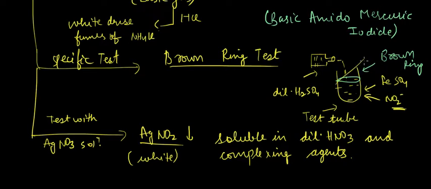If a brown ring is formed at the junction of the two liquids, then NO2 minus radical is confirmed.